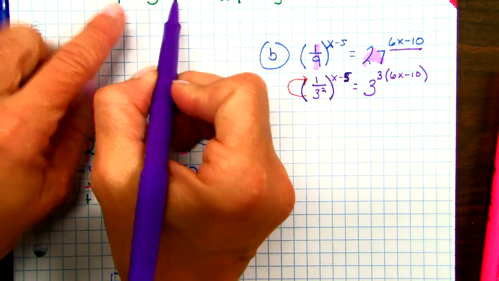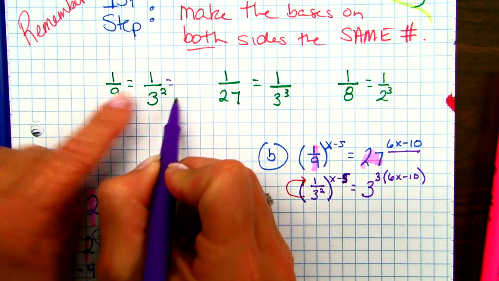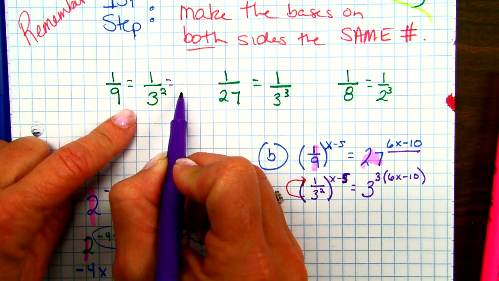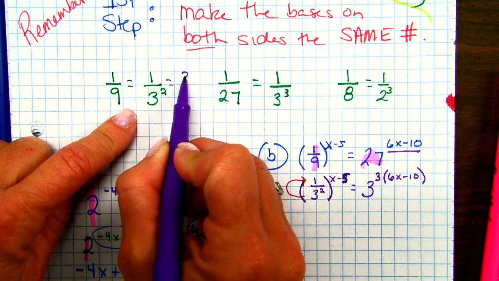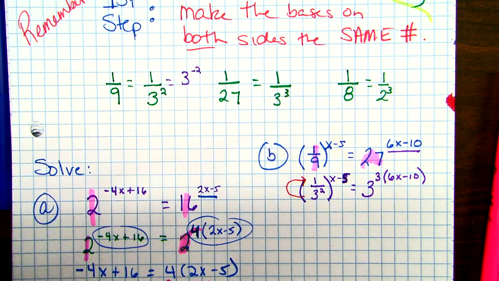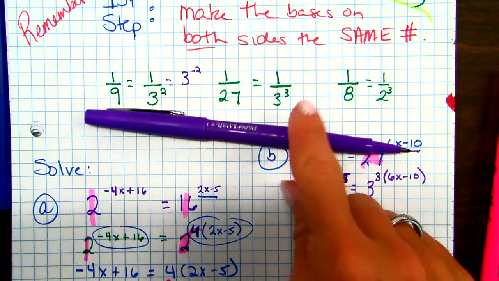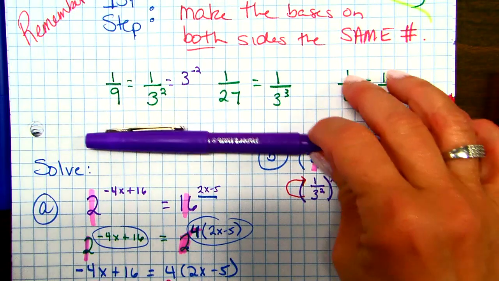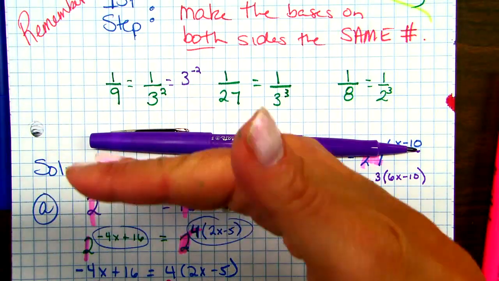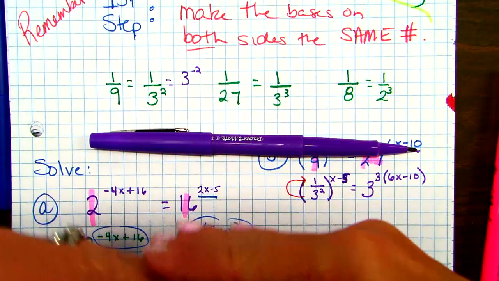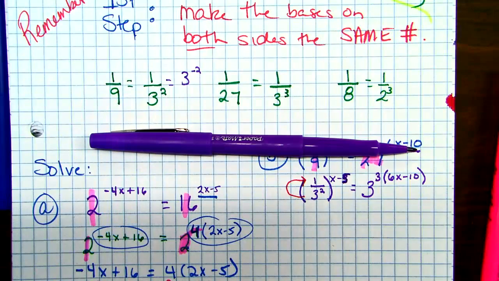Let me use this as an example. To bring the 3 up to the top, all you do is bring it to the top and change the sign of the power. That's it. Remember, we've talked about it before, but let me revisit it. The fraction bar, if you cross it, so if you have a number in the bottom and you want to bring it to the top, you can do that as long as you change the power sign.